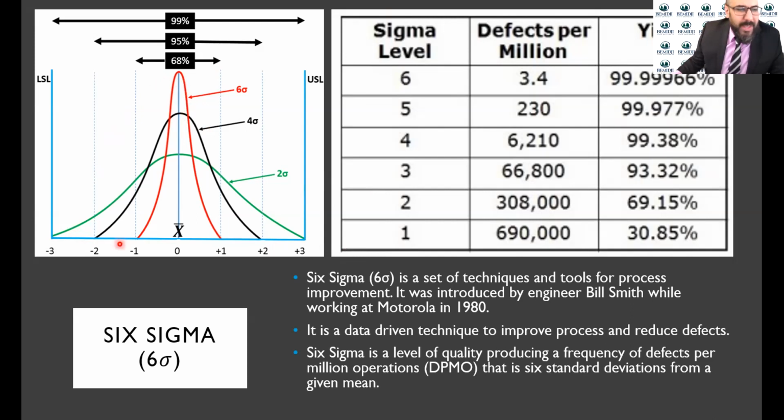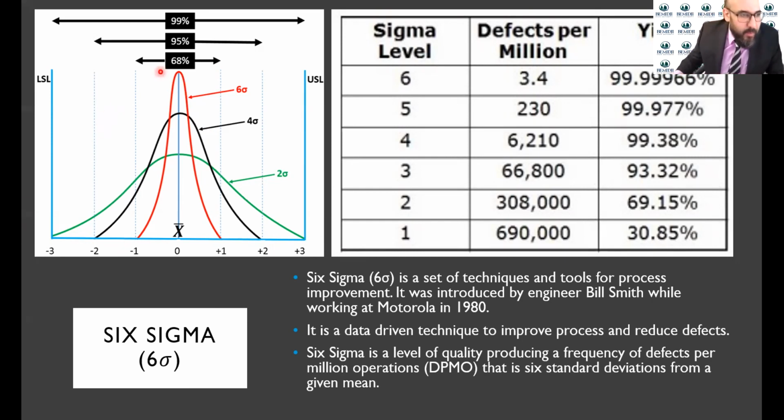So what is the Six Sigma? I understand that some of you are still confused about it. What we need with the Six Sigma is to narrow down the data. We need the data to be clustered around the mean.